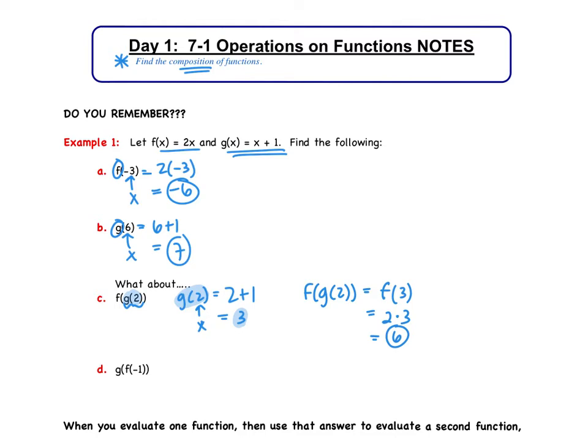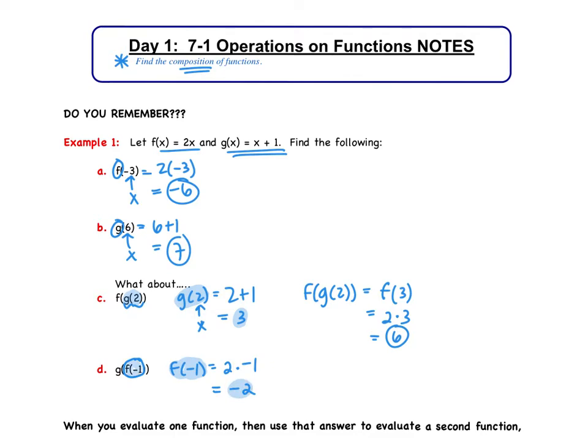So in D, I'm focusing on the middle. I'm going to find f of negative 1. So I'm plugging in a negative 1 for x into the function f. So I get 2 times x, though x is negative 1. So I get a negative 2. So again, same idea. f of negative 1 is equal to negative 2.